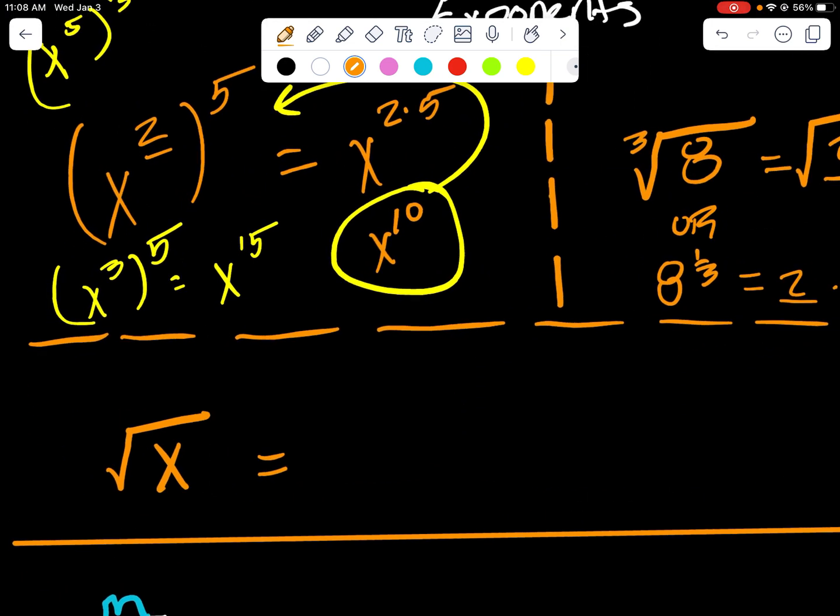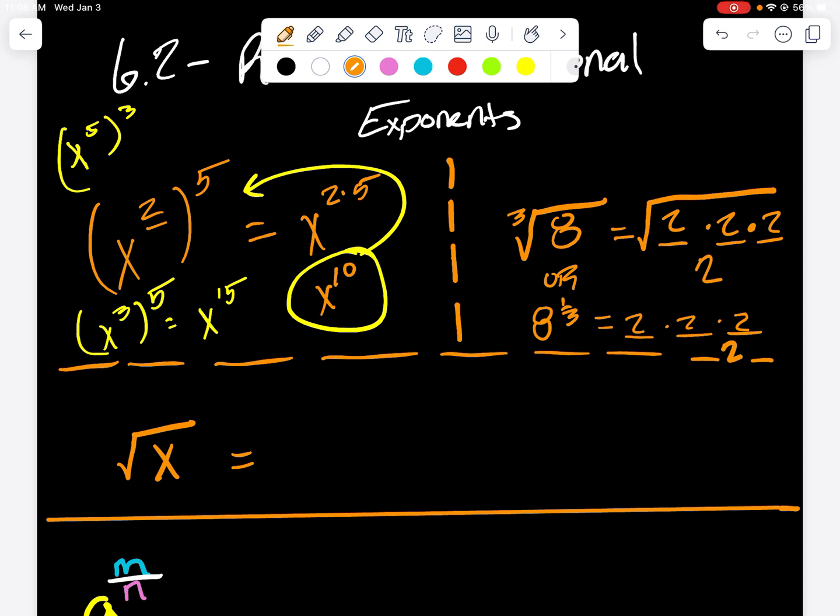Last fact, and I kind of looked at it here with this second example. When we have the square root of something, we don't write it, but there's really a 2 right here, the square root. And when there's a 3, that's the cube root. Here we have a square root.